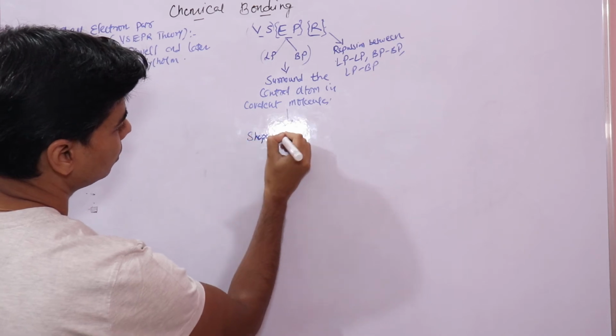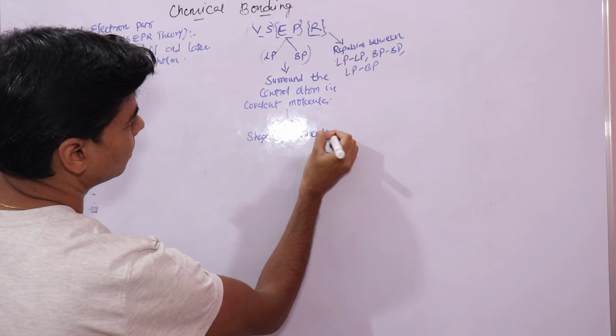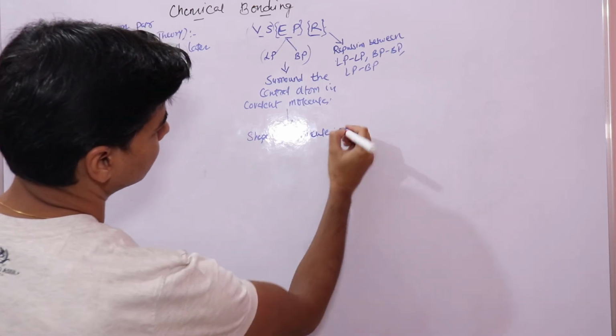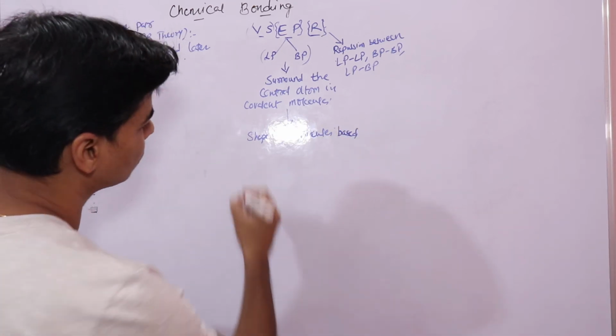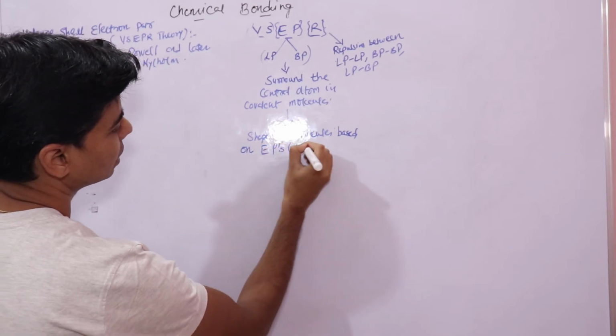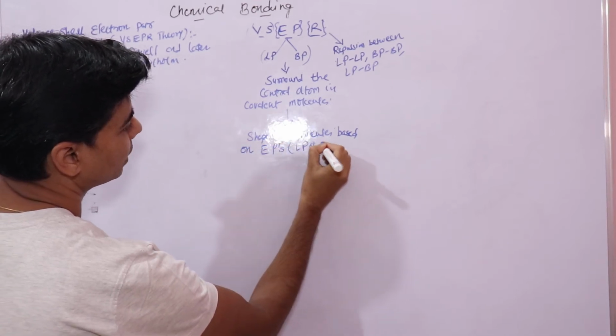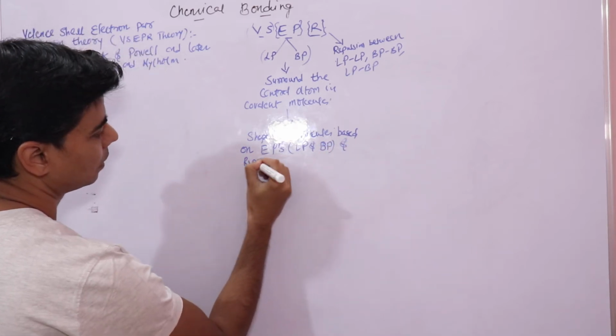The shape of molecules is based on electron pairs, which are lone pairs and bond pairs, and repulsion between them.